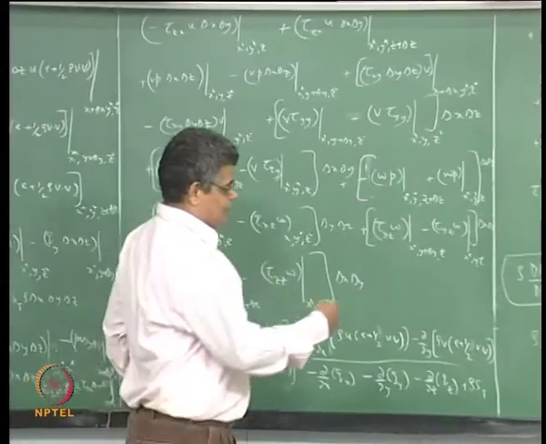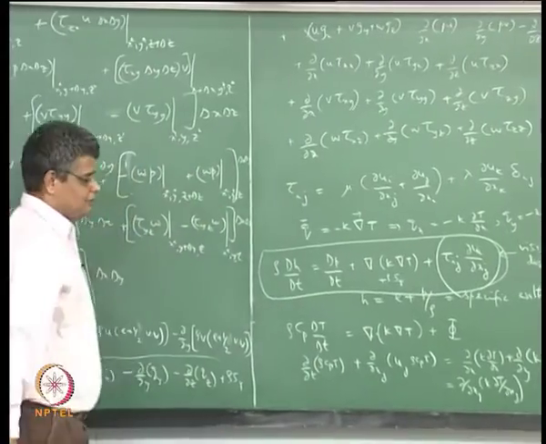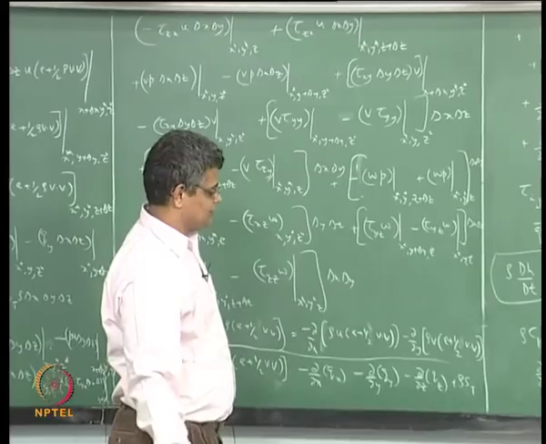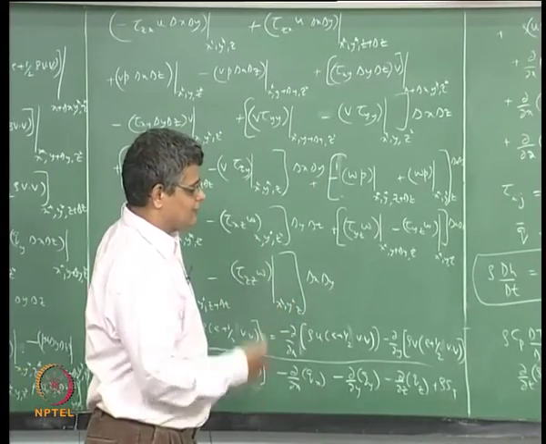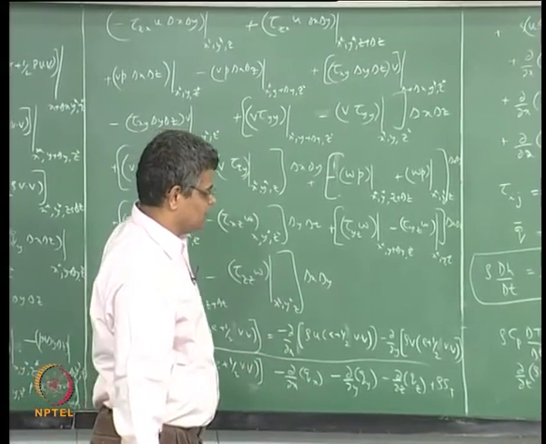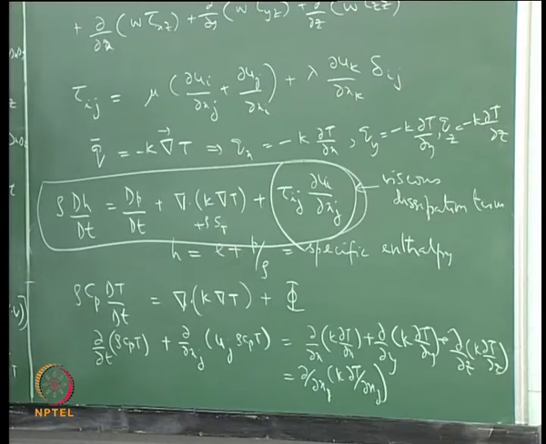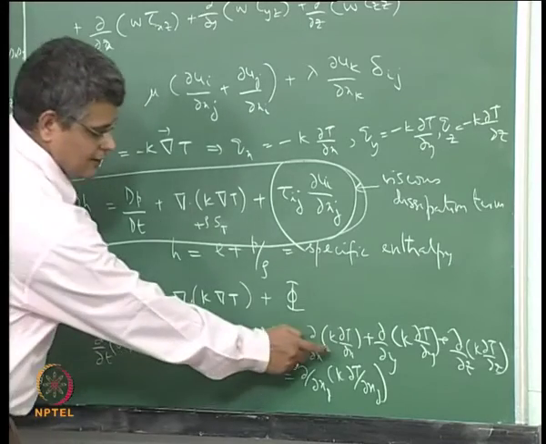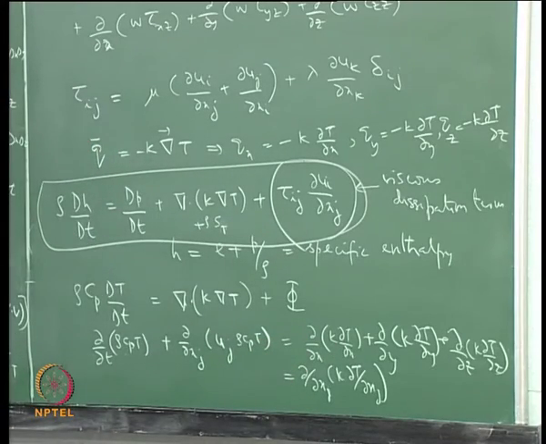This is an extra equation coming into the overall set of equations that we have, which are in the standard form that we are familiar with, and which brings in only one new variable, the temperature or the enthalpy. And of course the properties of the fluid like specific heat and thermal conductivity come into this.